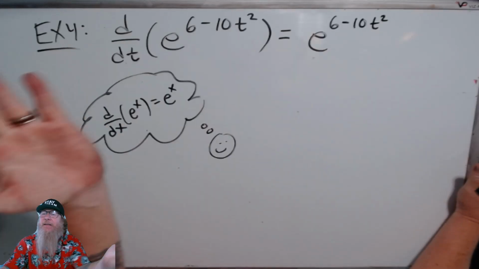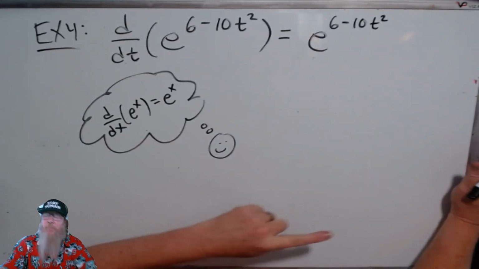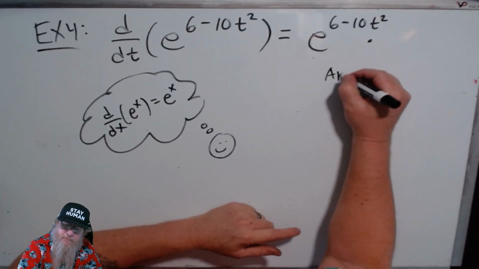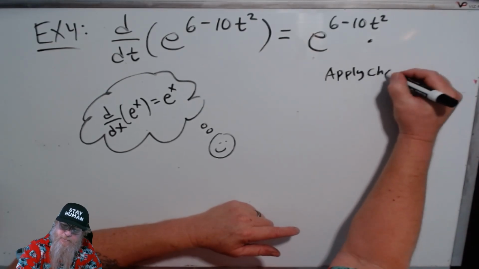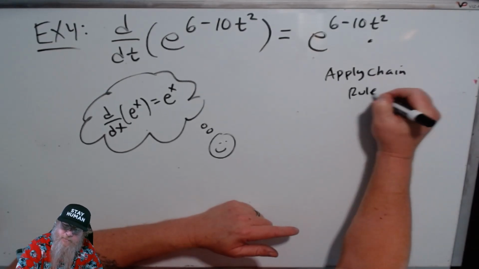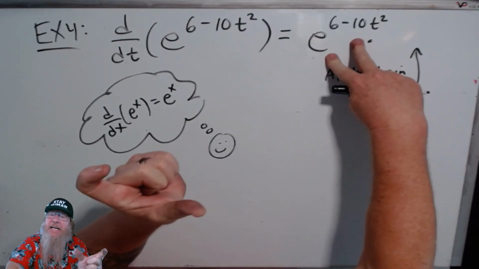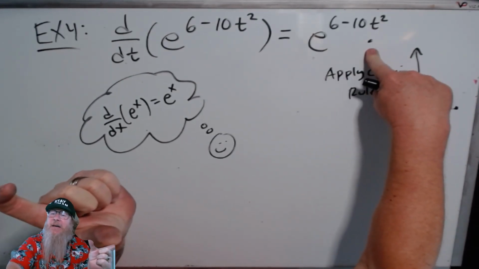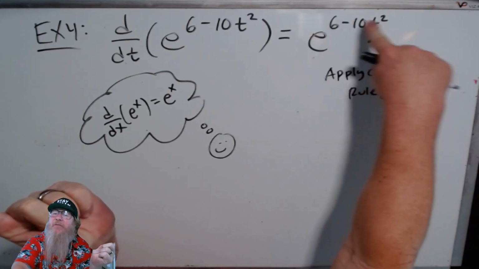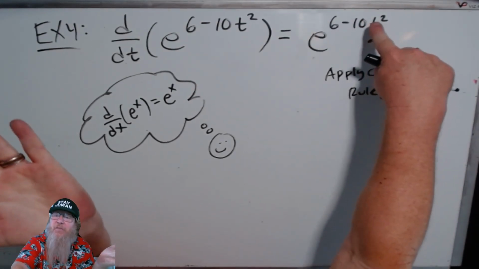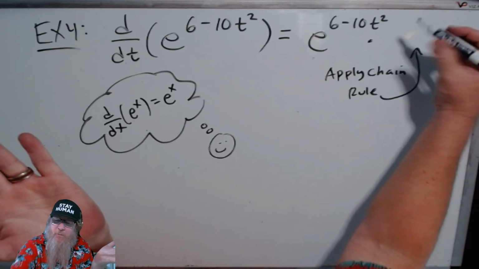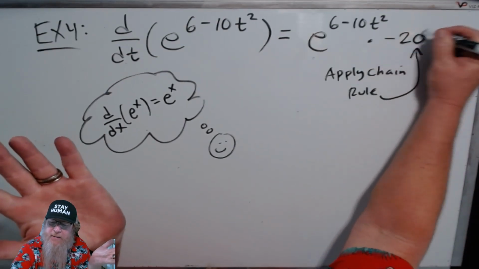That's it, right? Now then you have to apply the chain rule. So this is the first link in the chain times the derivative of the other function, or the inner function, which will be negative 20t.